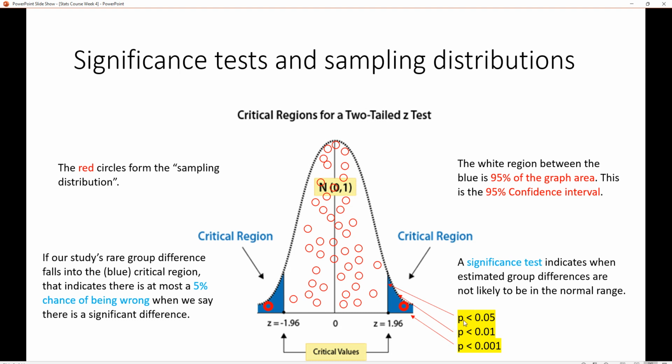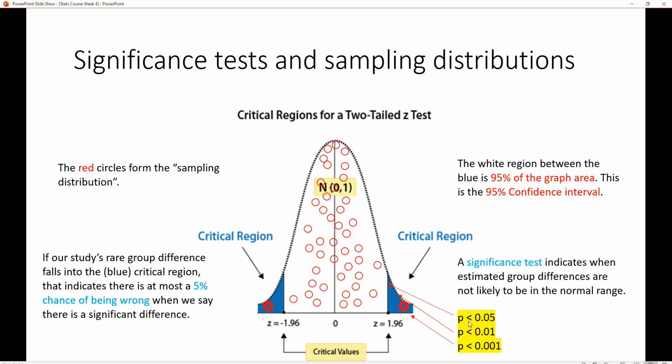They have the letter P followed by the less than sign, and we have different alpha levels: 0.05, 0.01, and another common value would be 0.001. And these indicate a level of probability that represents something that becomes more and more rare than what we'd see in this normal area.